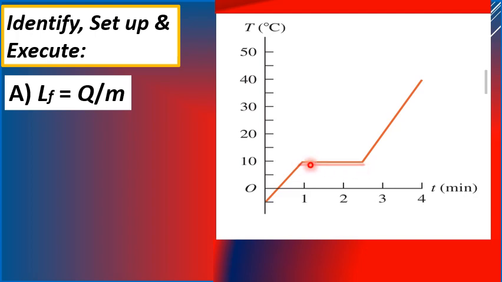That corresponds to an elapsed time of 1.5 minutes, from t equals 1 minute to 2.5 minutes. This corresponds to thermal energy being absorbed by the substance without changing its temperature. Notice that the temperature remains 10 degrees Celsius during this time interval.